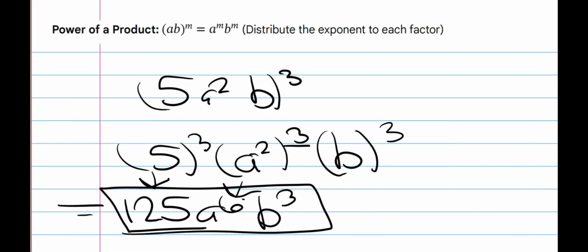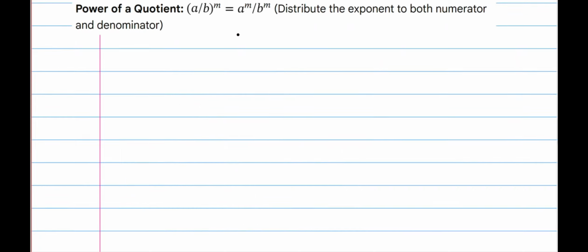And moving on, we're going to talk about the power of a quotient rule. In the power of a quotient rule, you distribute it again. But the difference between the power of a product rule and the power of a quotient rule is that it's in fraction format, so there would be a numerator and a denominator.